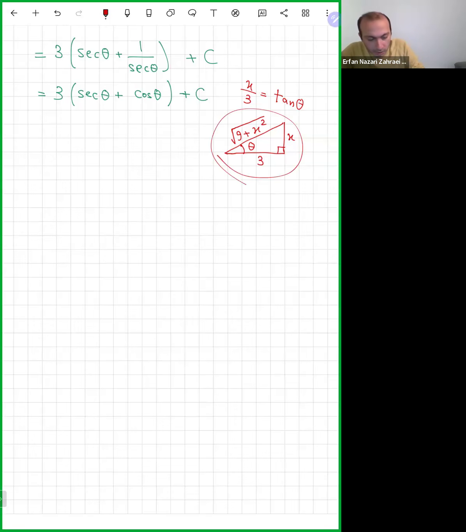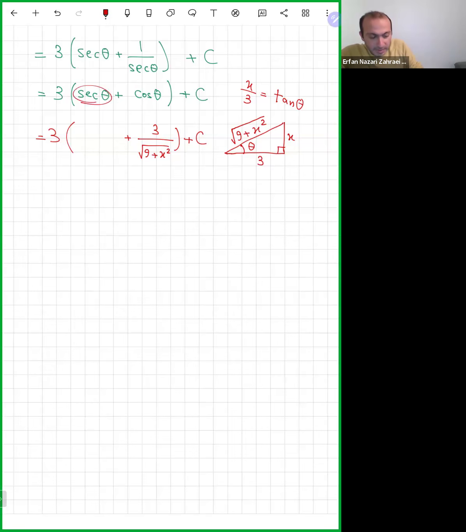Now from this triangle, I can read what is secant and cosine. First, what is cosine? Cosine theta is adjacent over hypotenuse, so it's 3 over root 9 plus x squared.